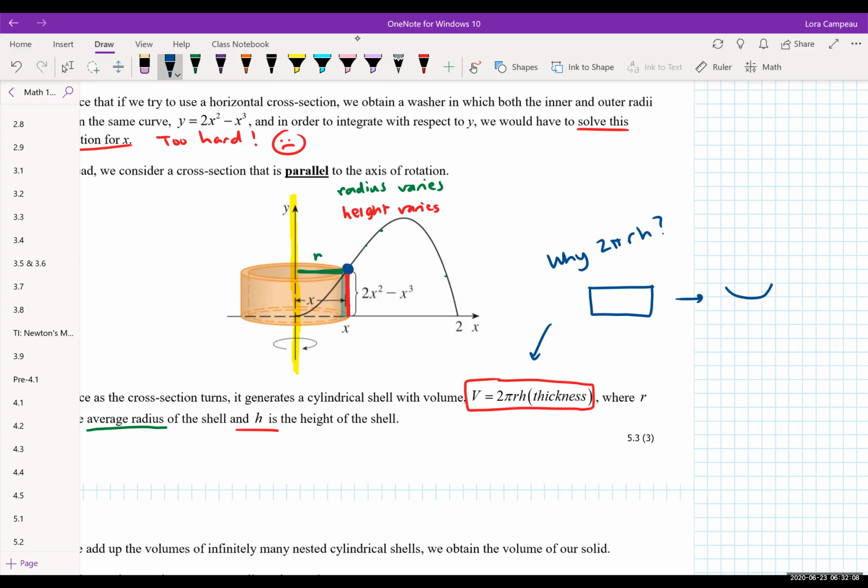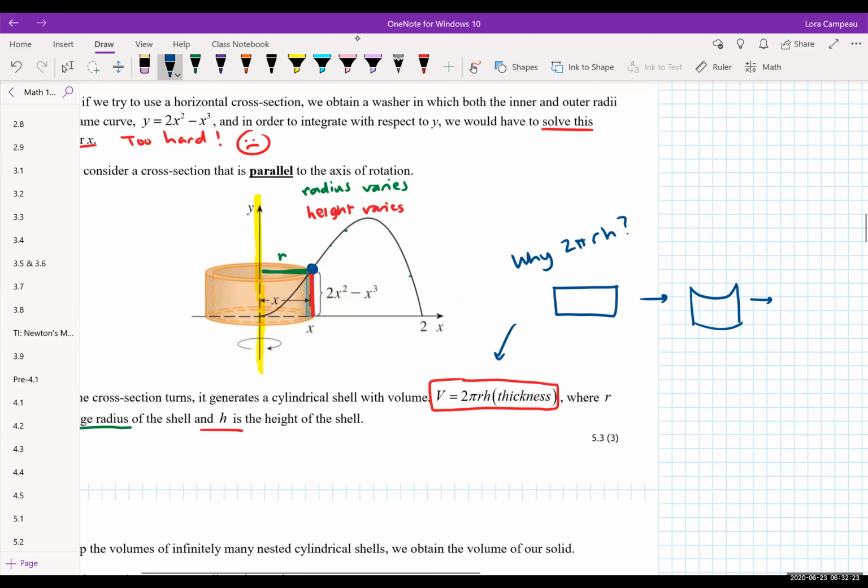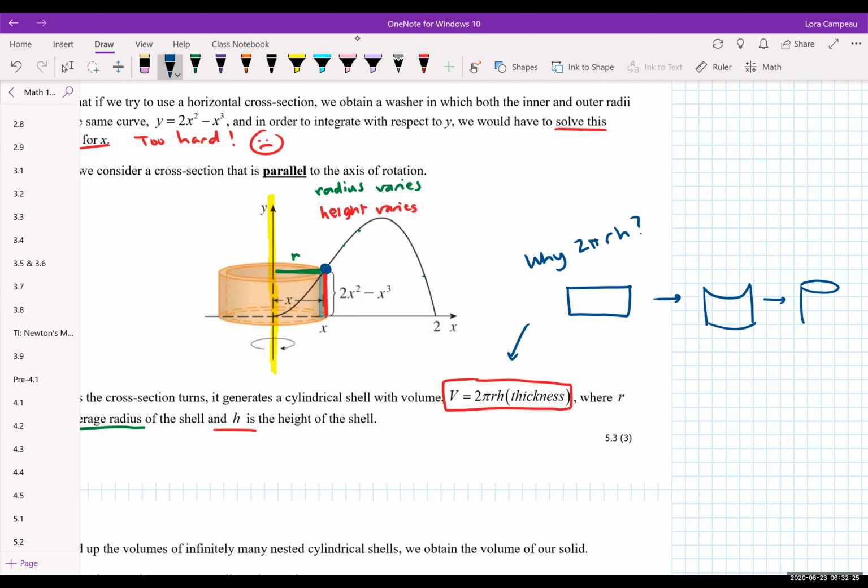I'll do my best to draw a 3D version of it. When we talk about paper, if we're going from the cylinder, let me see if I can draw this a little nicer. What we're looking at is this rectangle. It wraps around the cylinder, and it originally has the height h. That's no problem, we have that the same.